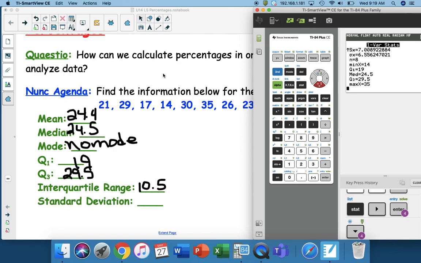Sorry, and our standard deviation is 6.6. All right, good start.